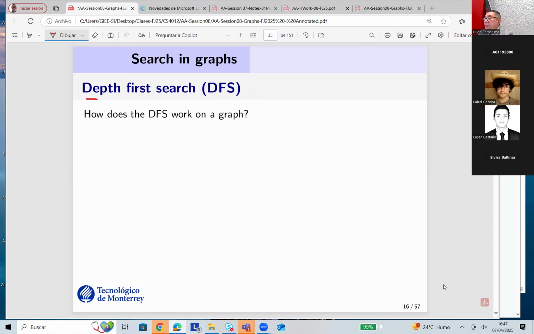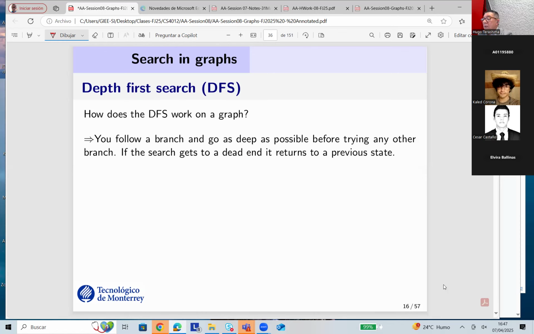And the other strategy is depth first search, right? How does it work? Well, you follow a branch and go as deep as possible before trying any other branch, right? So you go deep. If there are no more options, it backtracks and continues to another branch.